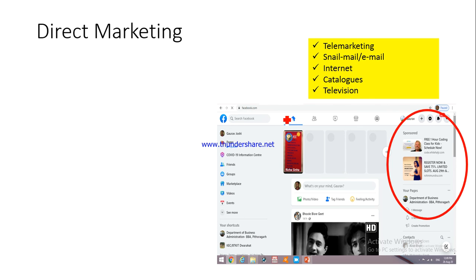This is my own Facebook page, and you can see these updates here and all the regular stuff that appears on a Facebook page, but you can also see these ads on the top right. These are the ads which are coming specifically to me, and it may so happen that they're not being shown to my friends, my colleagues or my relatives.